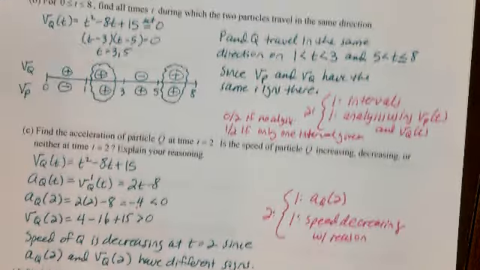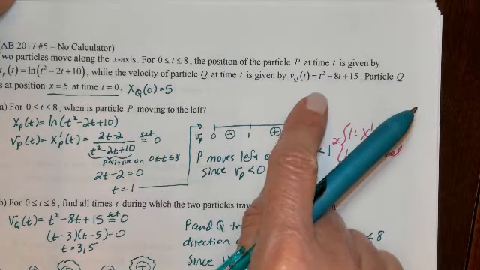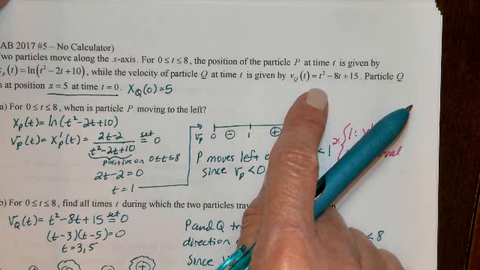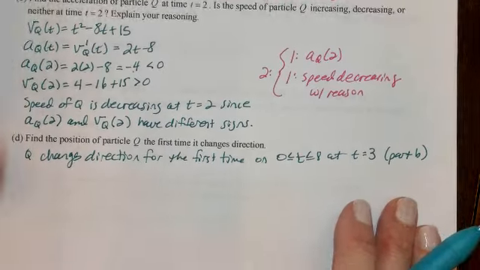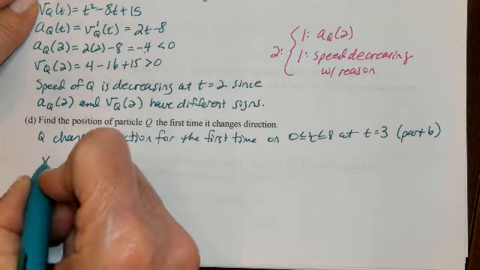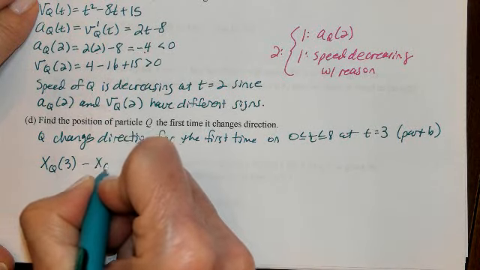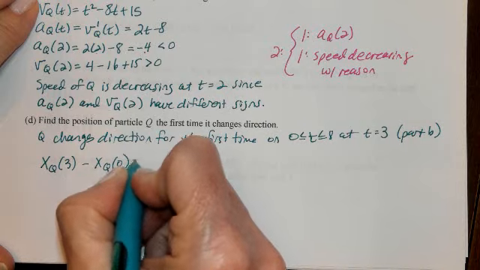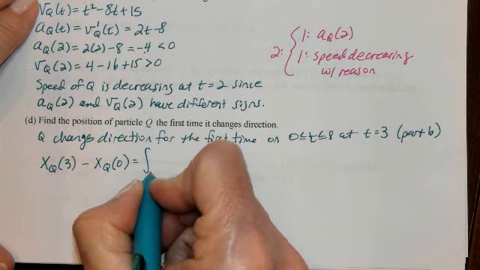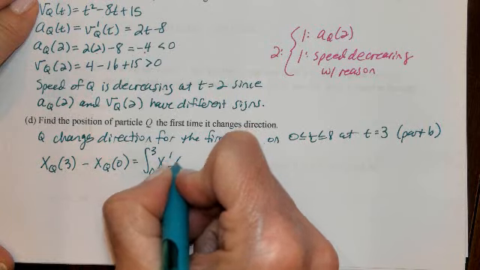Remember that we were given the position at time 0, and we know the velocity, which is the derivative of the position. So first fundamental theorem. So x sub q at 3 minus x sub q at 0 must be the integral from 0 to 3 of the derivative of x sub q.